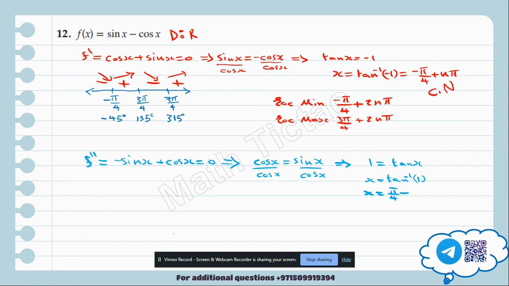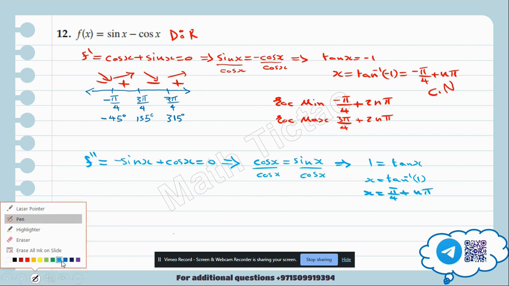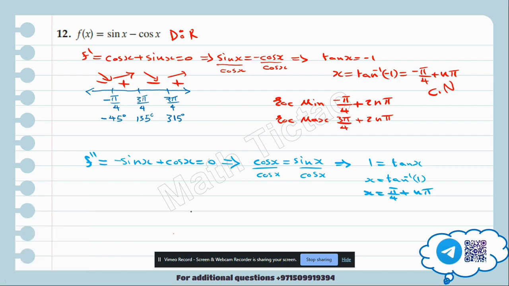Since I have tan x, then I will add in pi. So directly I'll start with graphing the number line. Okay, so I have pi over 4. Then I will add pi.